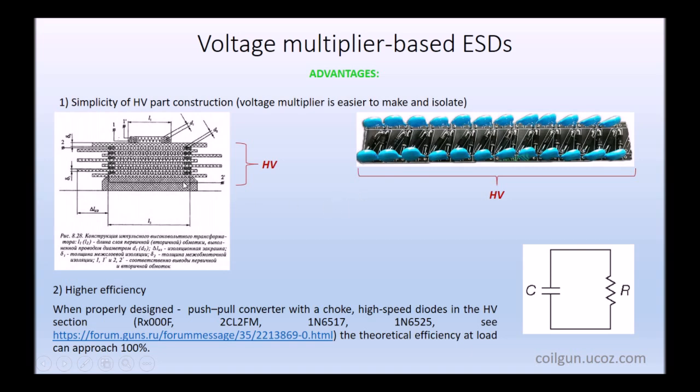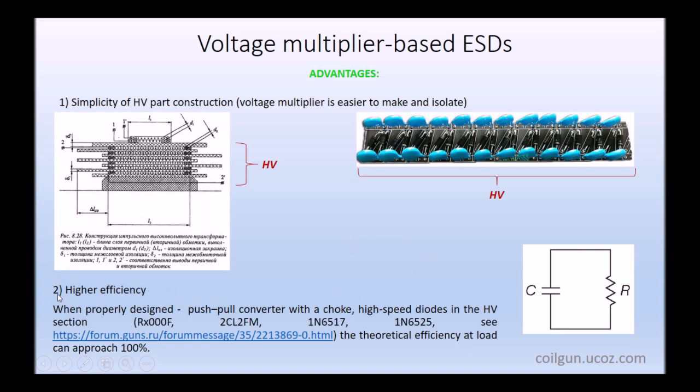And for comparison, here is a structure of a layered high voltage transformer. As we can see, high voltage is applied from the beginning to the end of the high voltage winding, and this path is much shorter than this one. So very serious problems with isolation take place.